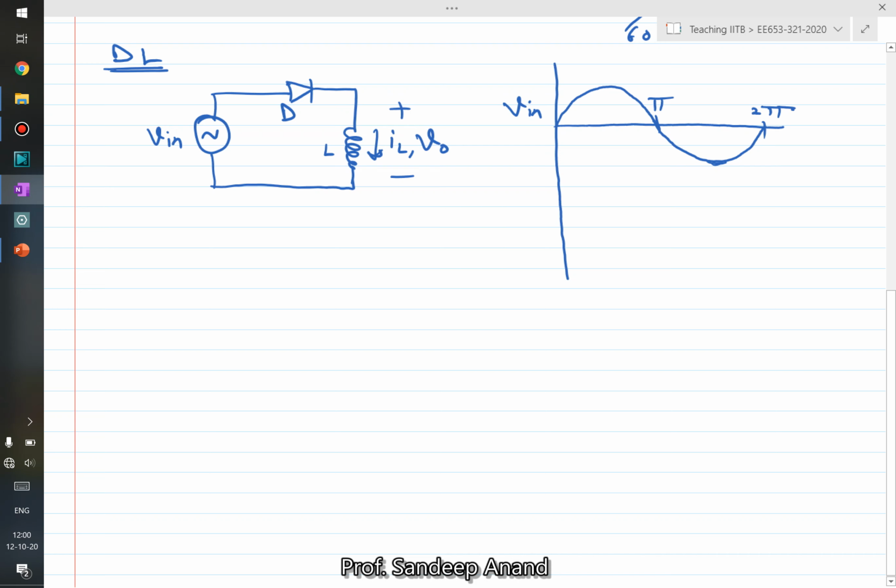Now let's say this is the peak value, which is root 2 times the RMS value, assuming it's a pure sinusoid. So what happens now is, at t equal to 0, let's assume the initial condition, your inductor current is 0, right? So your inductor current is 0 at t equal to 0.